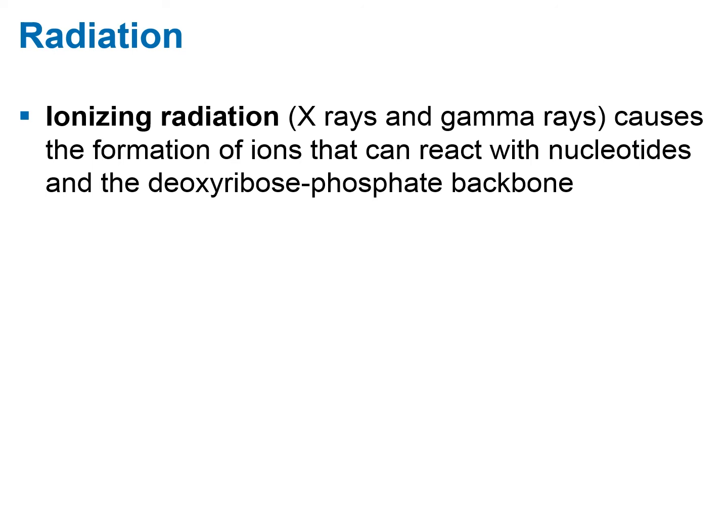Radiation is another mutagen, and there are two types of radiation that are responsible for causing mutations. The first is called ionizing radiation, and this is very high energy, powerful radiation. We're talking about X-rays, gamma rays, electron beams, things like that. And these high energy waves are able to split water molecules. So remember, this is water.